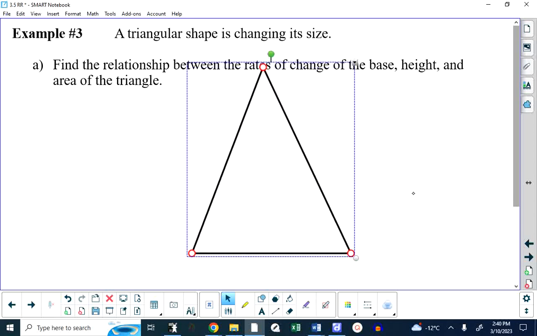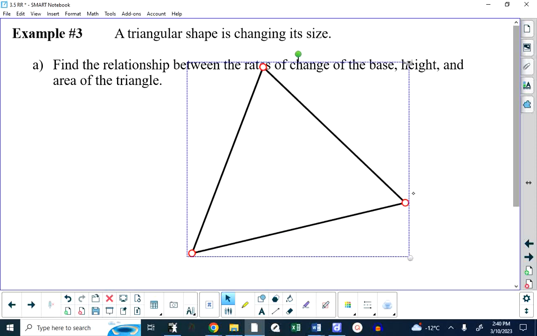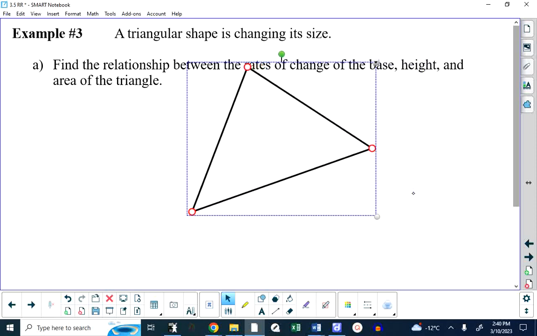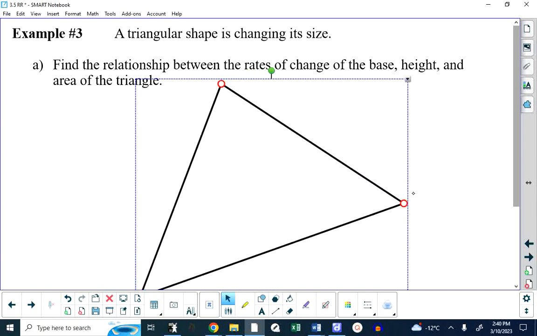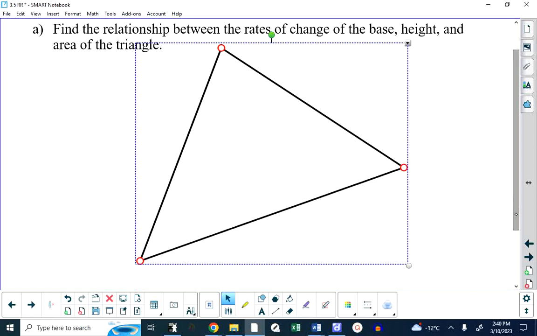Okay? Maybe it's changing its size because it starts off like this, and everything is changing. Maybe it's changing its size because one side is shrinking at a certain rate and the other side is growing at a certain rate.